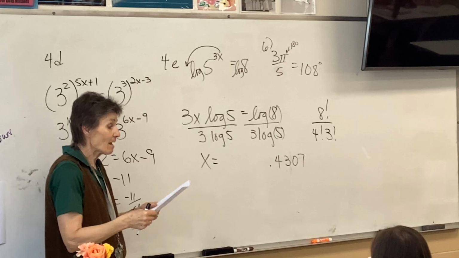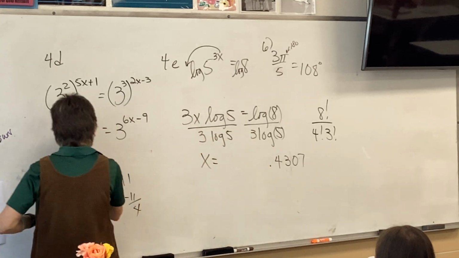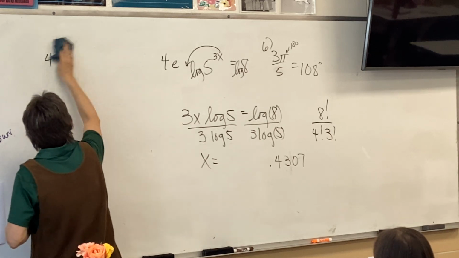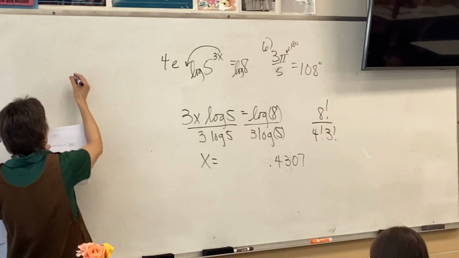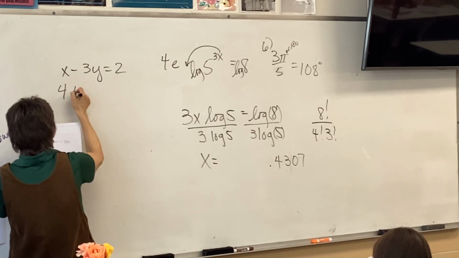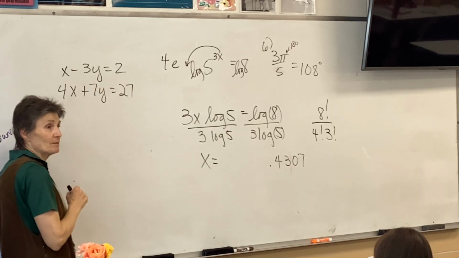Now, 7. If you missed 7, there's no hope. What do we do with 7? We can eliminate or substitute, whatever is your particular favorite. I, of course, am going to eliminate because I always eliminate, but you don't have to.